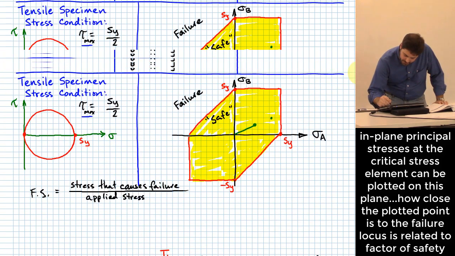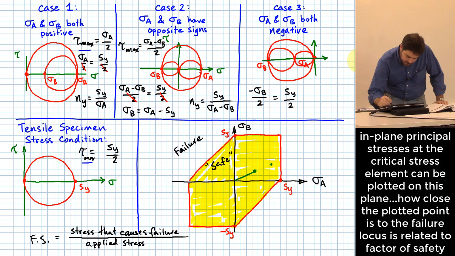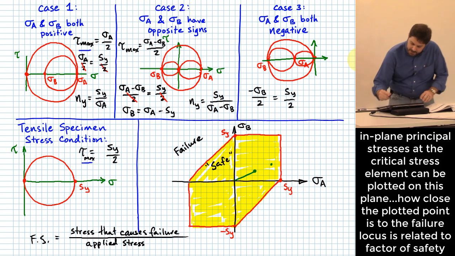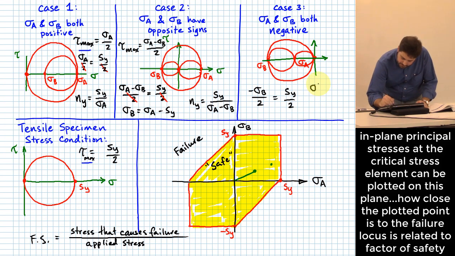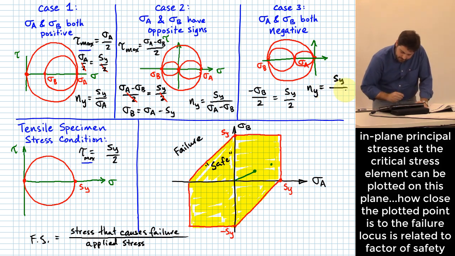It's just going to be kind of the same as case 1. The question was just, what's the factor of safety for case 3? What do you think it would be? N sub y, right? Again, S sub y over what? Yeah, negative sigma B. Now be careful with these, right?